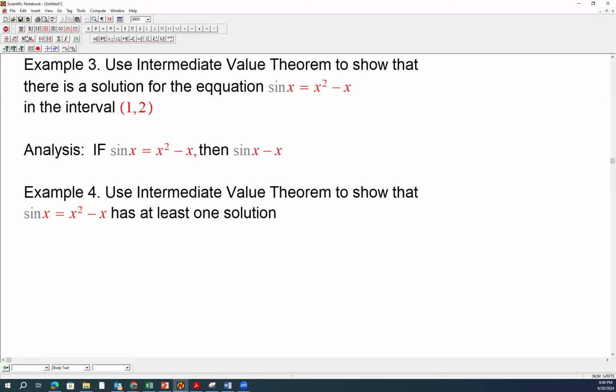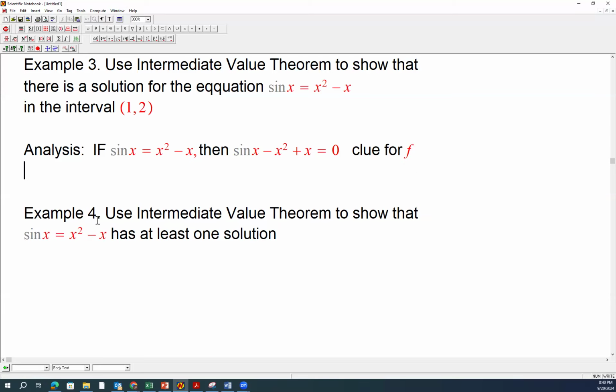You can move things to the other side if you want to. This is the clue for the function. So our function is found.